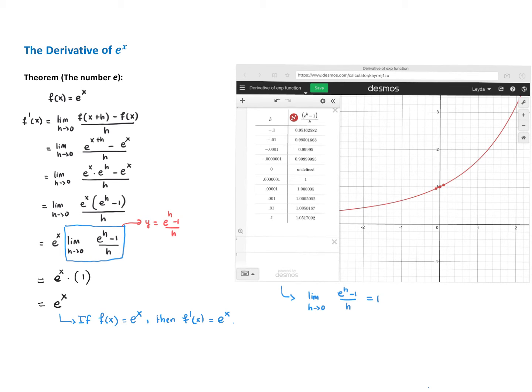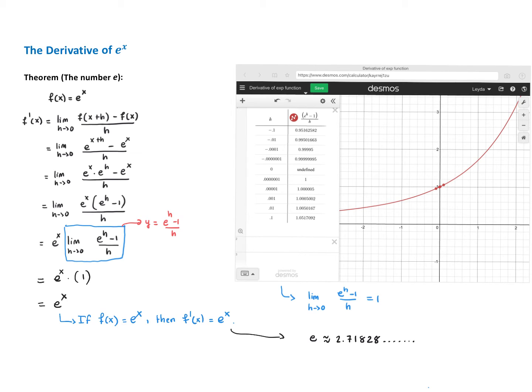E is a fantastic number for the reason that E can be complicated. If you just think of E as a real number, we know that E is approximately 2.71828, and then this number, which is irrational, continues forever. So it's complex. That's what I mean by E being complex.